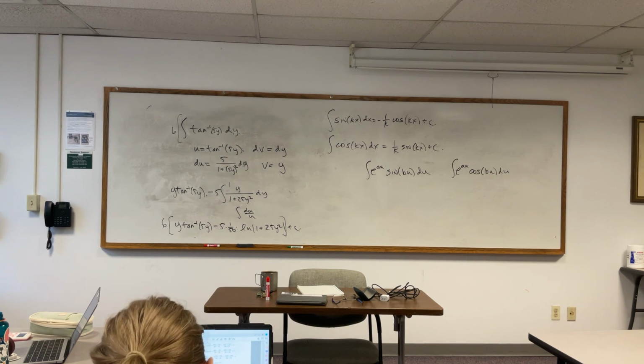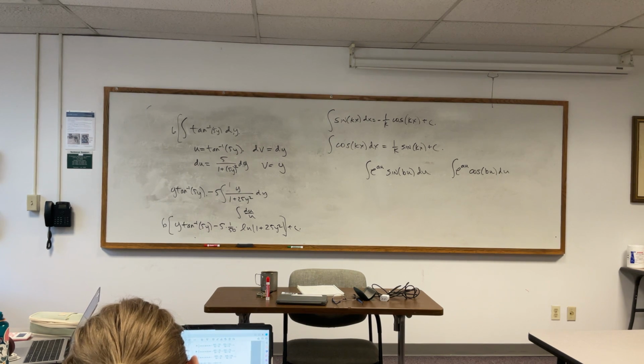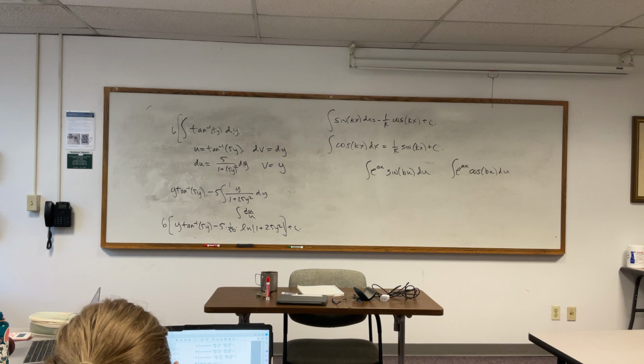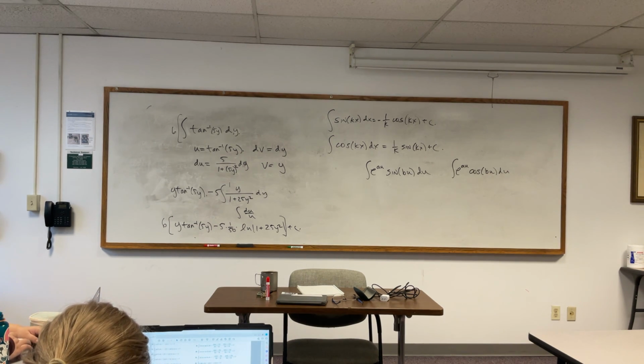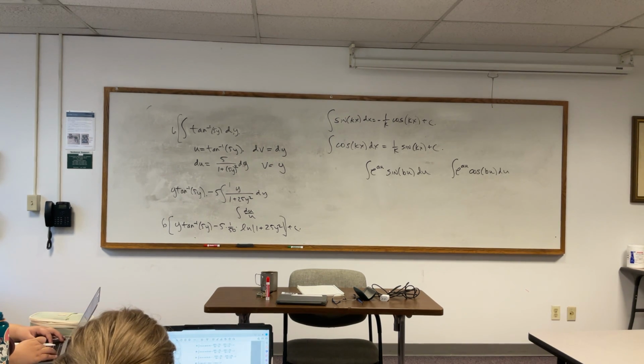How could I adjust this formula so that it works? So I rewrite my problem in terms of u, and a new number will come out front, like an adjustment factor, and I use that formula with the adjustment factor. Does that make sense? Okay, awesome. So you can only go straight to the formula if it's identical, except for a change of variable, yeah, exactly.